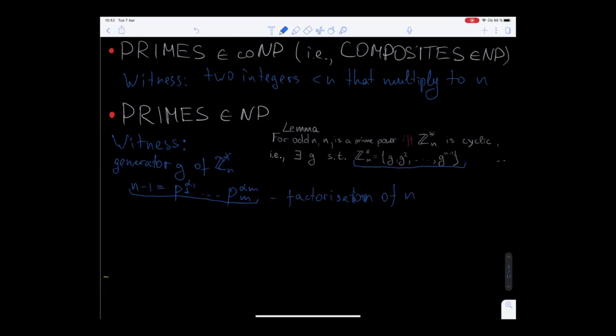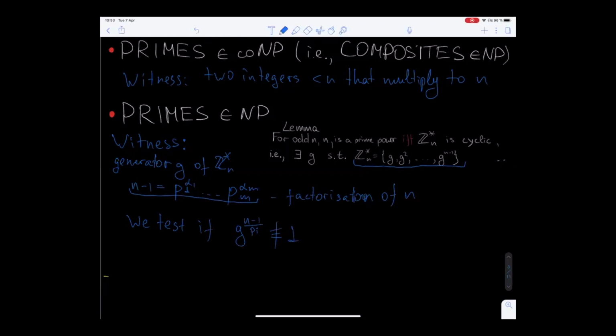And what we need to test is, once we have this, we test if g to the power (n-1) divided by pi is 1 or not 1 mod n.